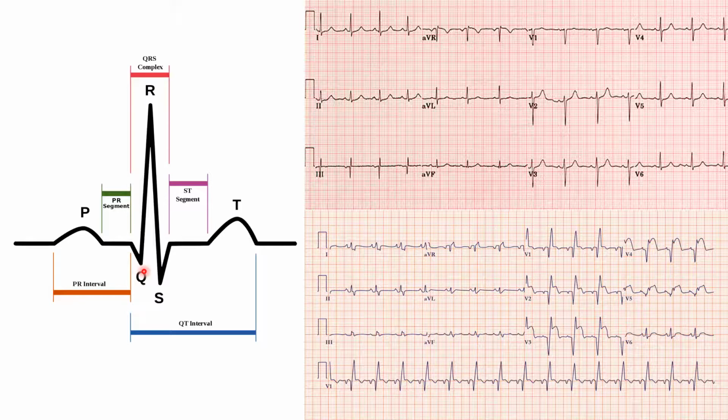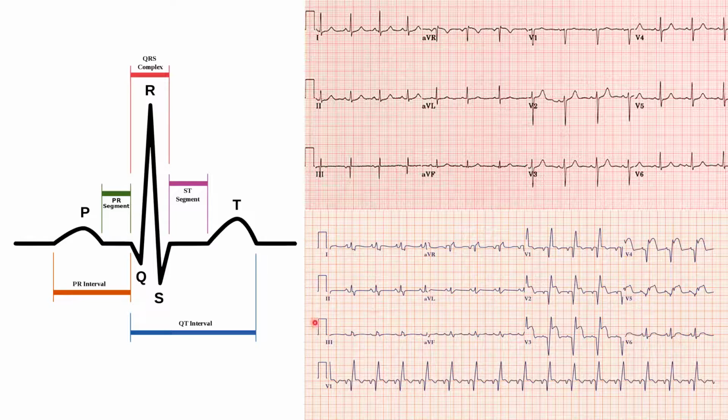So remember that the segments on the ECG include the PR segment and the ST segment, and of course the TP segment. What do we mean, sir, by TP segment? All right, take note, guys, that right after the T wave, the next wave again is the P wave. They are just adjacent to each other. So that's the TP segment.